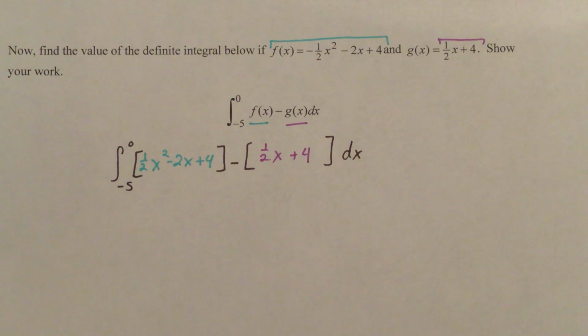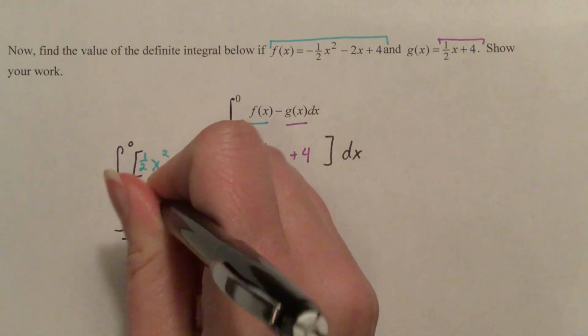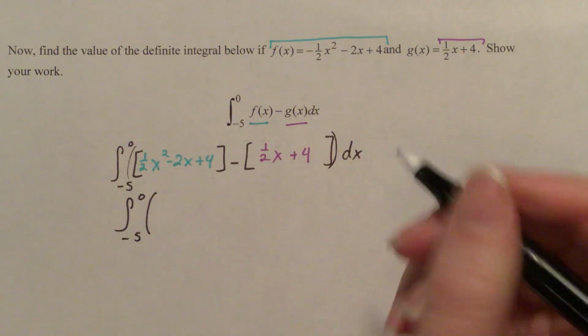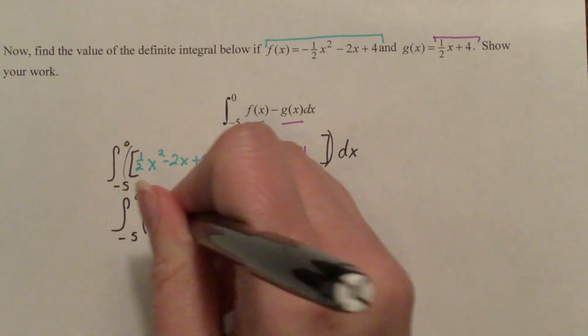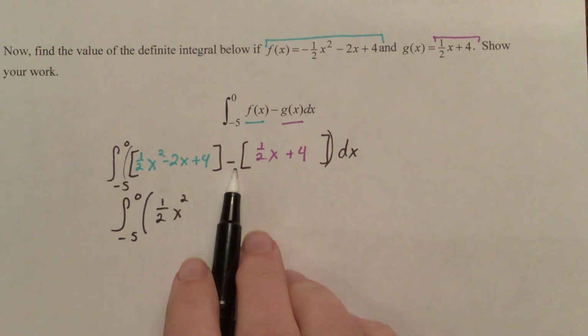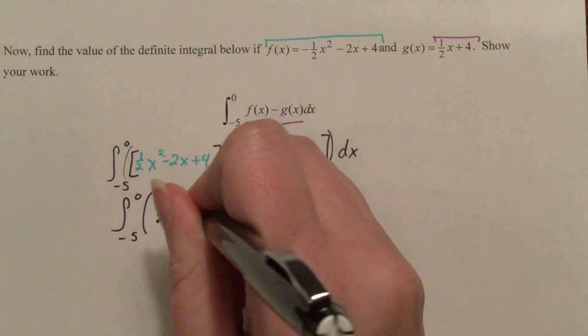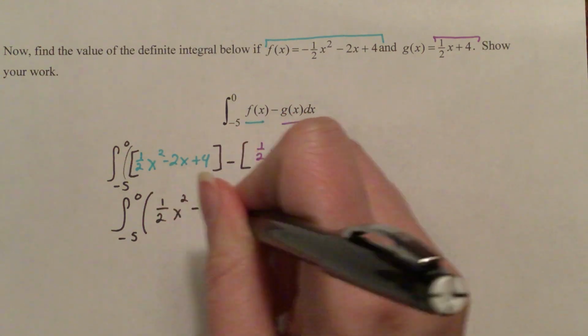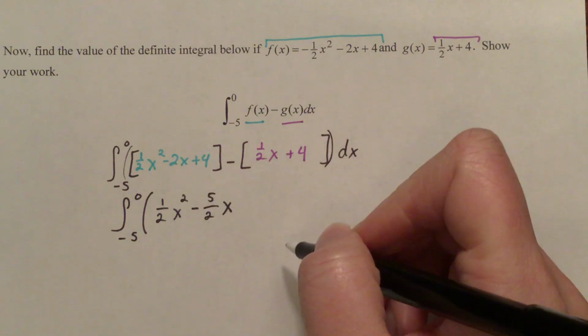Okay, we can do a little bit of combining like terms instead of taking the integral immediately. This has x squared, nothing over there does, so 1/2 x squared. Negative 2x minus 1/2 x is negative 2.5x, so that's minus 5 over 2x, because that's 4 over 2 and 1 over 2.